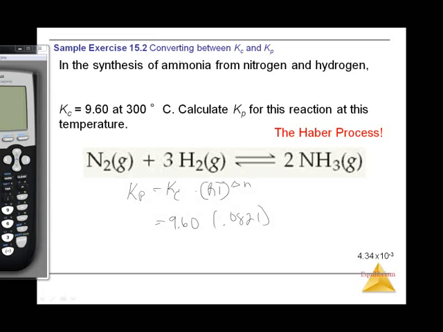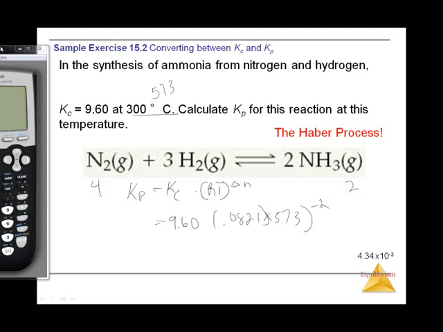My T is in Celsius. I need to make that Kelvin, so it's going to be 573. This should be times 573, and this whole thing is going to be raised to the power of change in moles. So I start with 3 plus 1 is 4, and I end up with 2, so the change is minus 2.